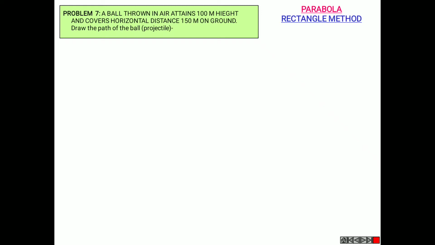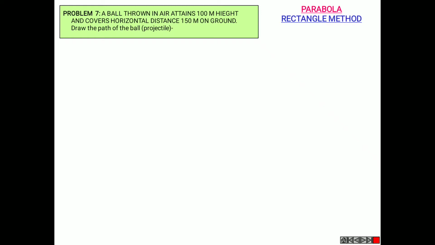See what he's saying: a person has thrown a ball into the air to a height of about 100 meters, and he throws it to another person who is ready to catch it, at a distance of 150 meters. So the ball covers a horizontal distance of 150 meters on ground.